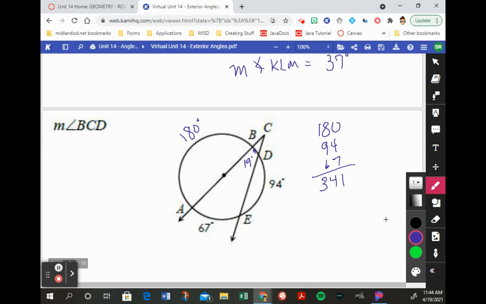So now I can do my formula. The big arc, 67, minus the little arc, 19, all divided by 2. So 67 minus 19 equals 48 divided by 2, which is 24 degrees.